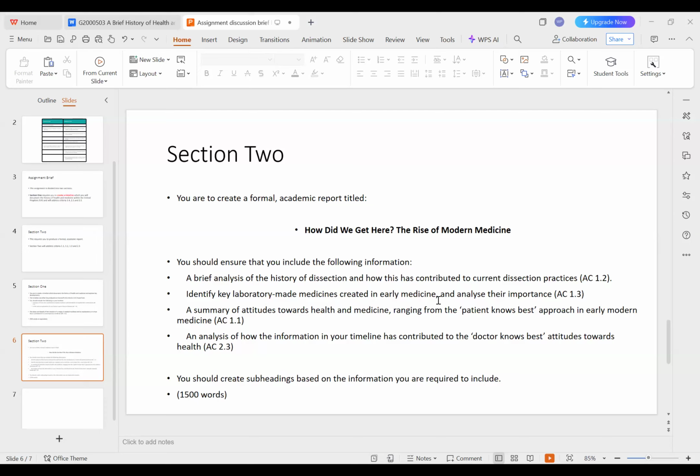Here you're focusing on the patient-knows-best approach, and the fourth bit is focusing on the doctor-knows-best approach. Make sure you use headings, subheadings and bullet points when writing your assignment, for both sections.